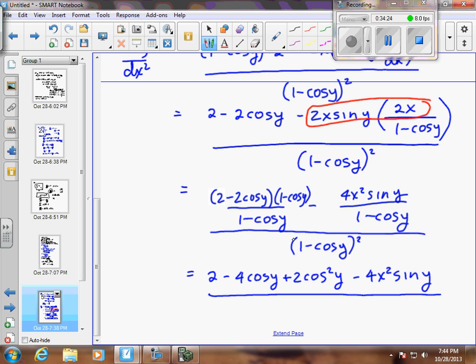And how about the denominator? 1 minus cosine of y, how about cubed? All of this is over 1 minus cosine y. Then you're going to invert and multiply, and it ends up being cubed.